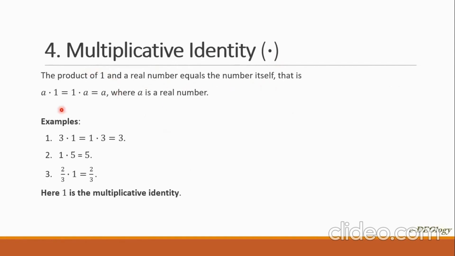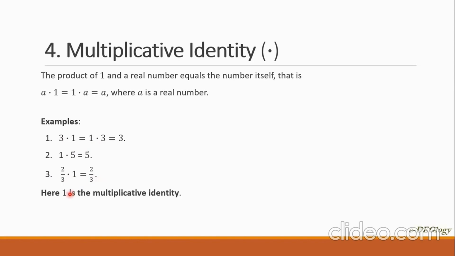That is, A times 1 is equal to 1 times A is equal to A. Example number 1, 3 times 1 will be same with 1 times 3, and the answer will be 3. Example 2, 1 times 5 equals 5. Example 3, 2 over 3 times 1 equals 2 over 3, or 2/3.